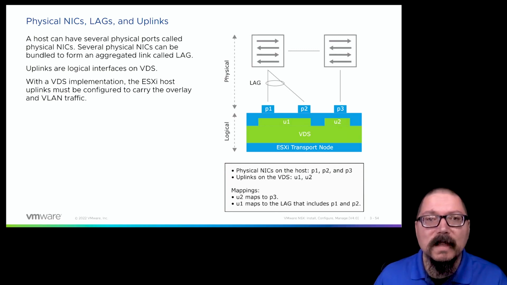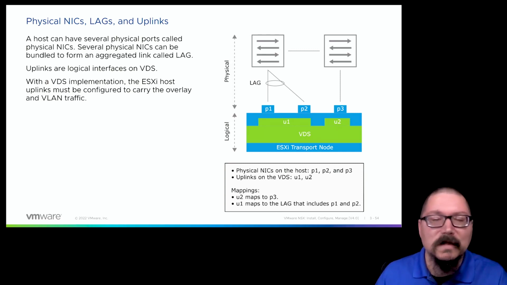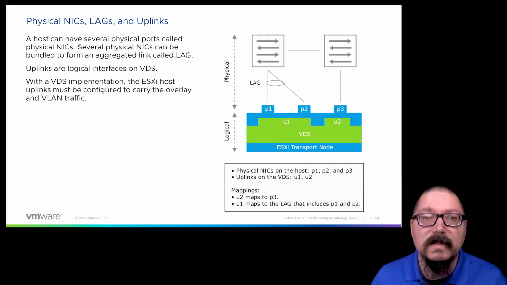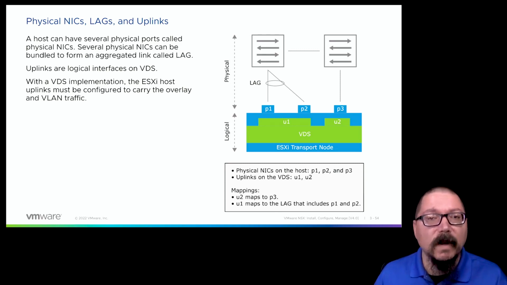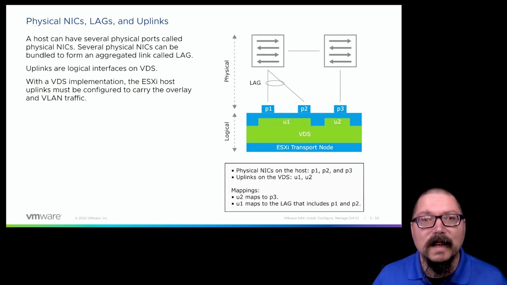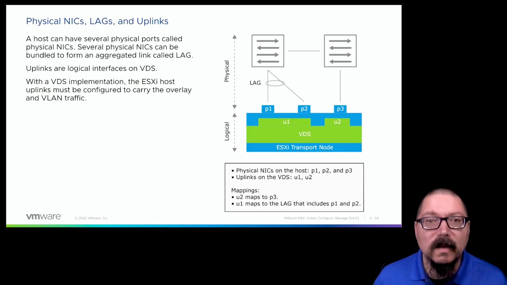If you're coming to NSX from a vSphere background, this is no different than a vSphere distributed switch, where the VDS has uplinks and the uplinks get mapped to a physical NIC or to a link aggregation group. Here, we're just taking that one layer out and looking at it from the NSX perspective.